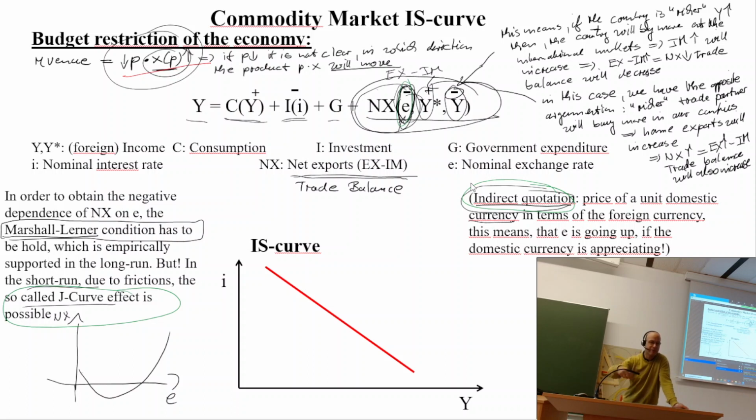This also we have to keep in mind. If we use the direct quotation, then here we would have to have a plus sign. But this, of course, would also mean that we change the prices, though the argumentation would be still the same.